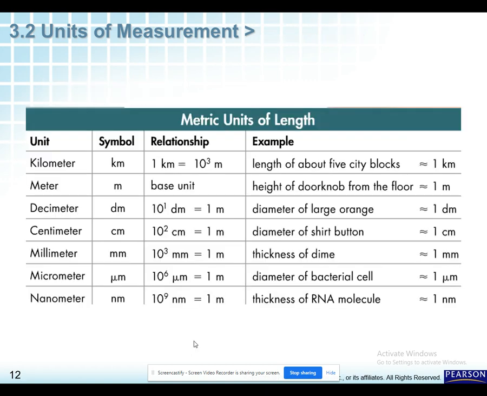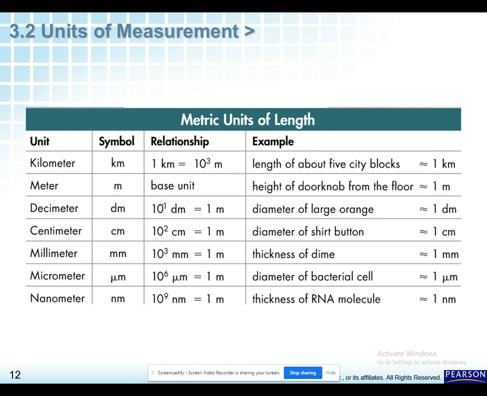So here is a good table to help illustrate length and examples of how long those are. If I say kilometer, remember 1 kilometer equals 1,000 meters, and this is about the length of 5 city blocks. If I say meter, it's the base unit, so it has no relationship, and the height of a doorknob from the floor is about a meter.